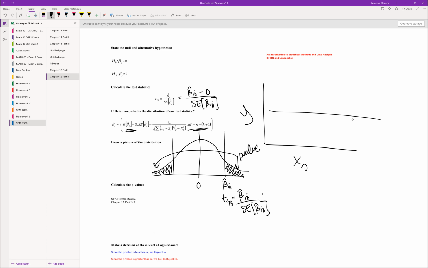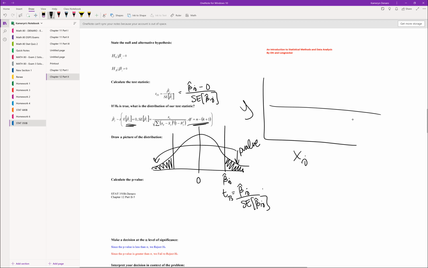So it really depends if you're doing a one-sided test or two-sided test what your p-value is equal to. All right, if you want to, you can use your calculator to calculate the p-value, or you can use R. Either one will work, and we'll walk through how to do that as well in R.